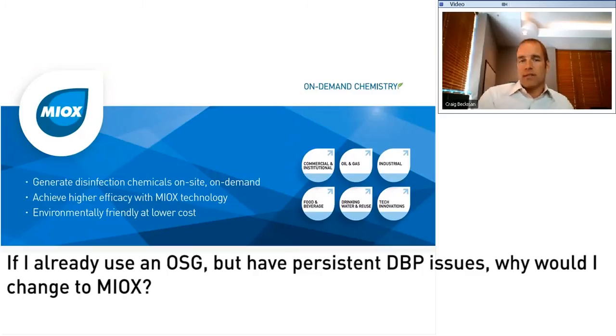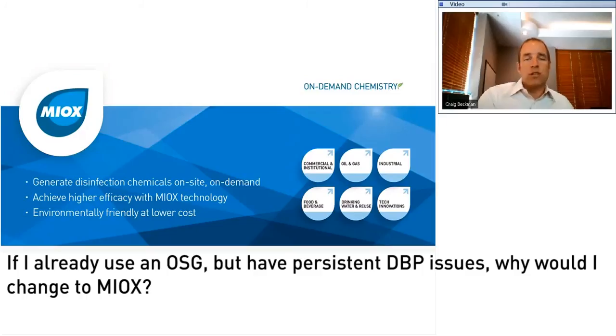If that is the case, then yes, a switch to MIOX could dramatically improve the situation because the MIOX chemistry, the mixed oxidant chemistry, has shown very effective at removing biofilm. And so if the customer was to switch to that chemistry and the biofilm was stripped off, you've taken one of the two elements of the disinfection byproducts away. You've taken the organic material away, so it would potentially reduce the disinfection byproducts.